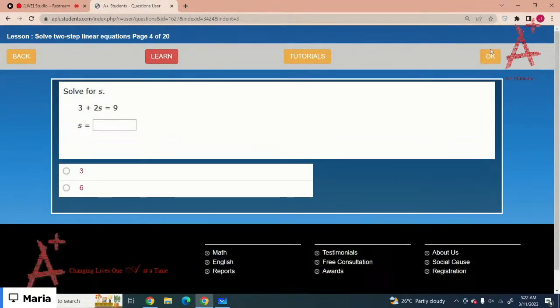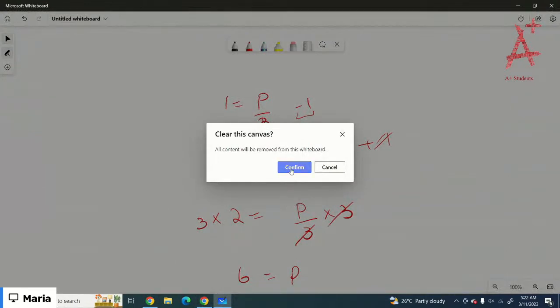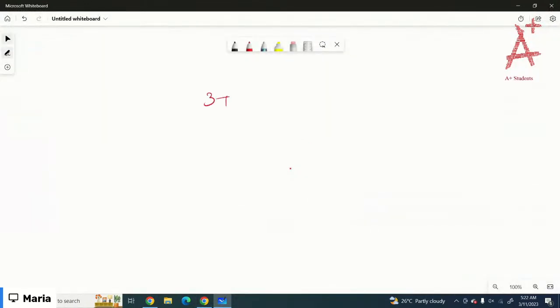Okay, the next one is 3 plus 2s equals 9. So first of all, you have to remove that 3 from here. You need to subtract 3 from both sides, because 3 is being added here, and the opposite of addition is subtraction.